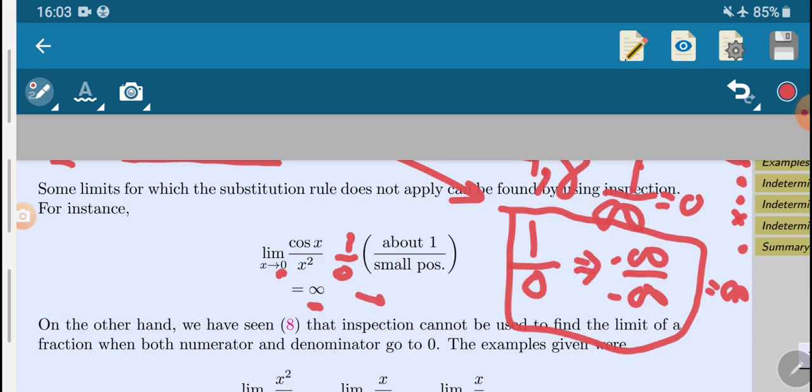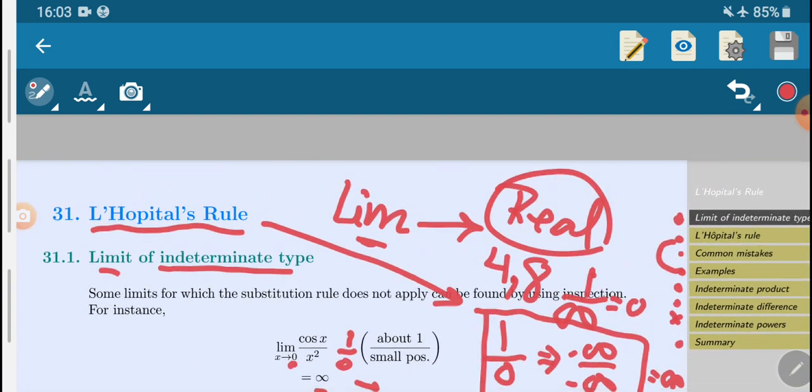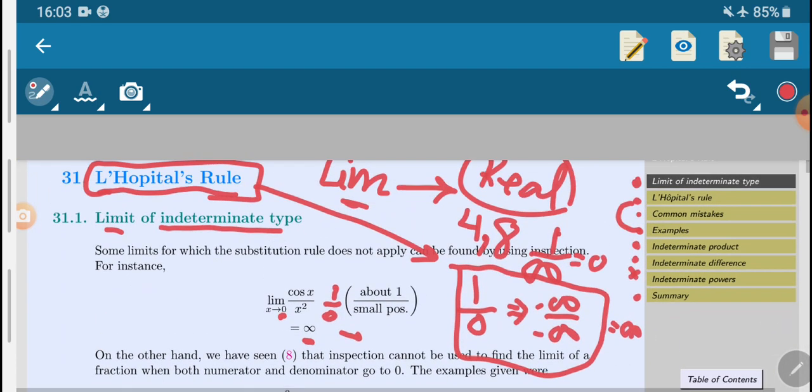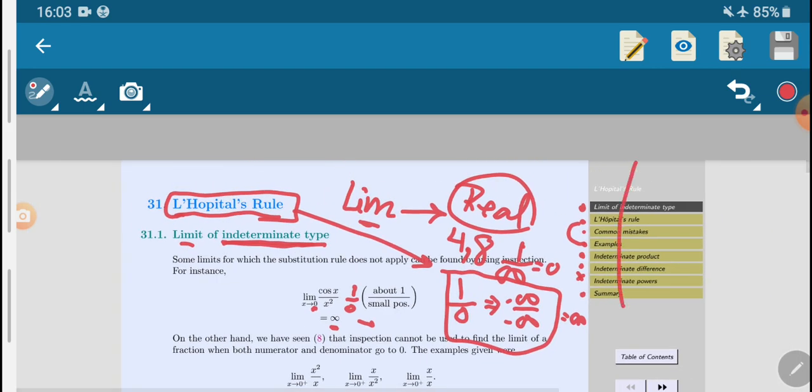We have finished our work without using any rule, whether L'Hopital or another. We only use L'Hopital's rule for limits of the indeterminate type. Let's see how.